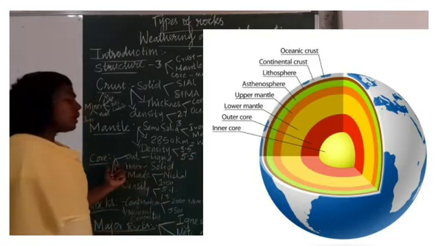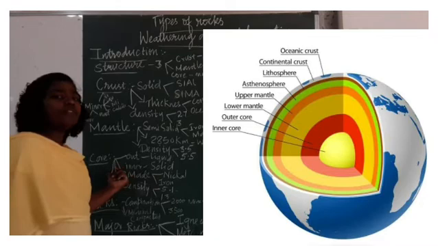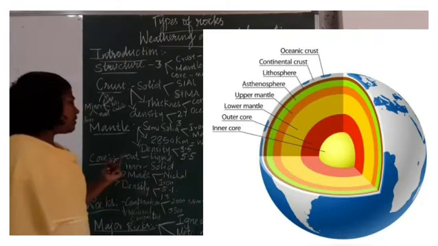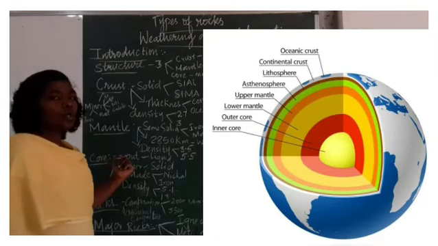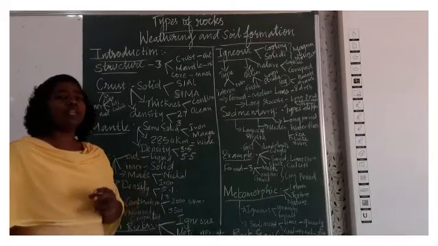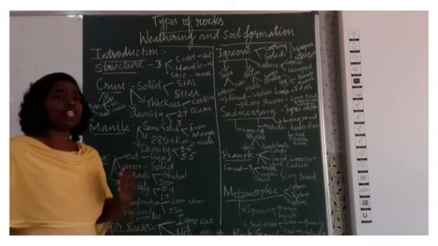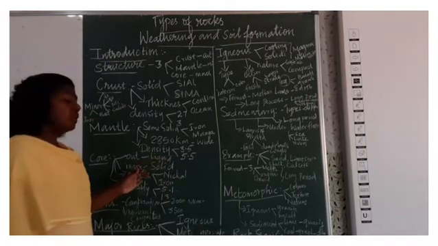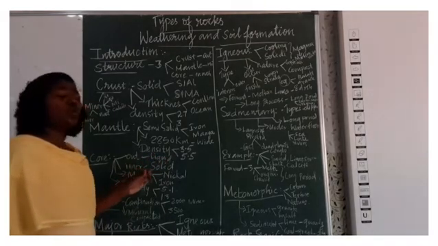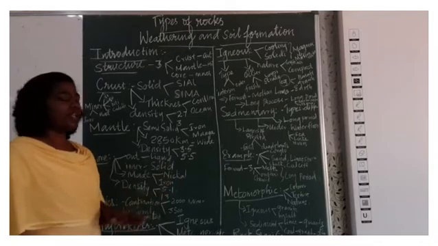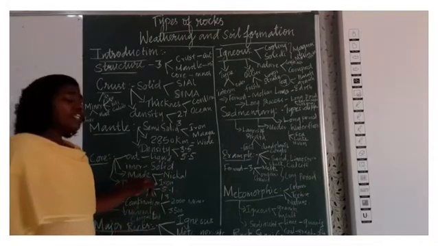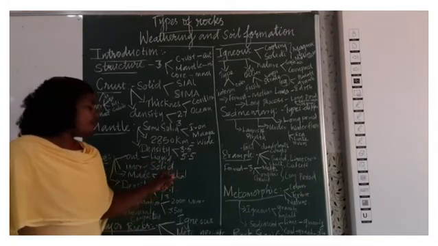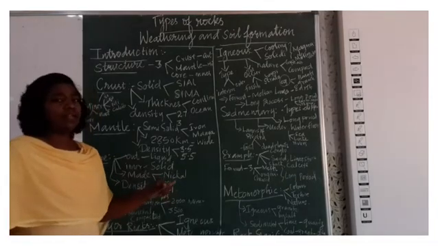The next thing, the third layer of the earth, is the core. We can divide the core into the outer core and inner core. The outer core is liquid in nature and the inner core is solid in nature. This core is made up of nickel and iron.